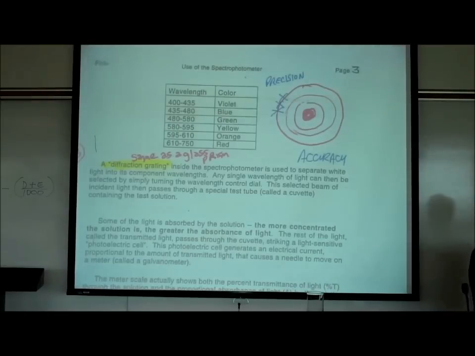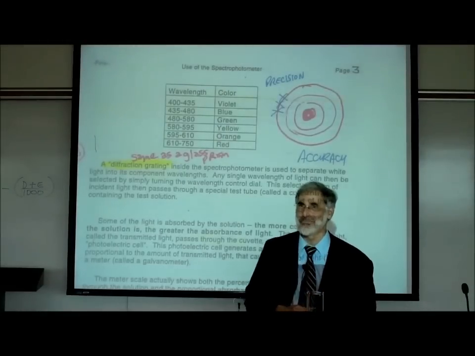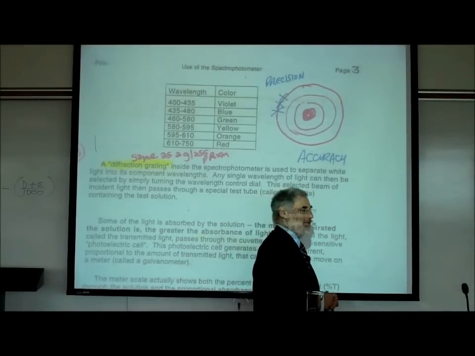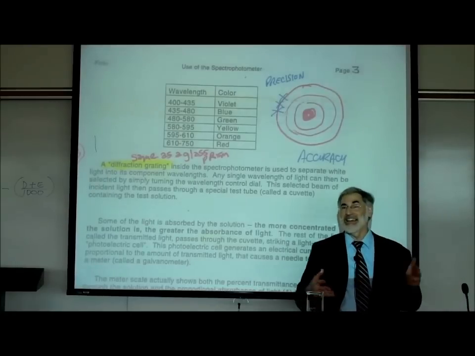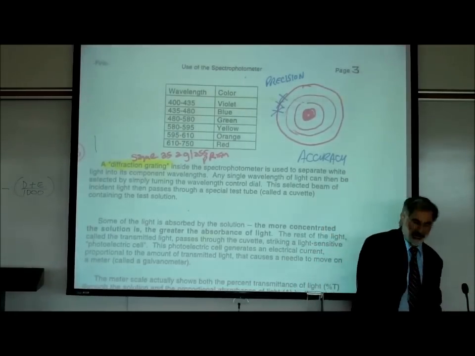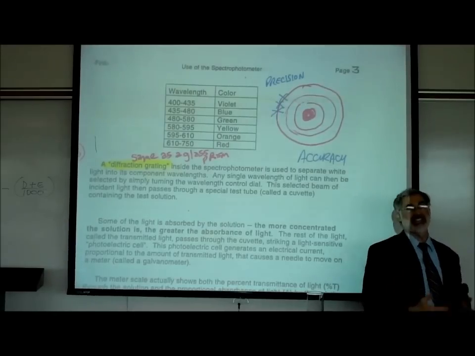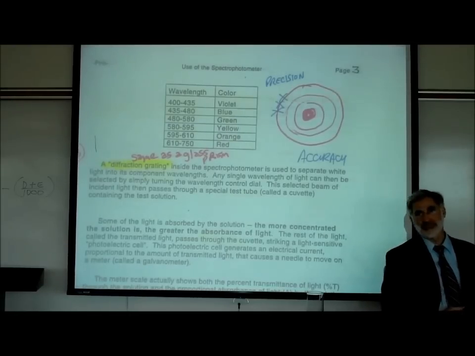We could be consistently wrong, but at least we're consistent. So if you're weighing a beaker, or you're even weighing yourself, whatever your true weight is, you may be getting the wrong weight, but if you always get the similar result each time, you're precise but not very accurate.